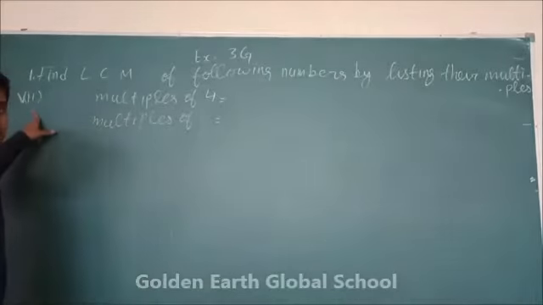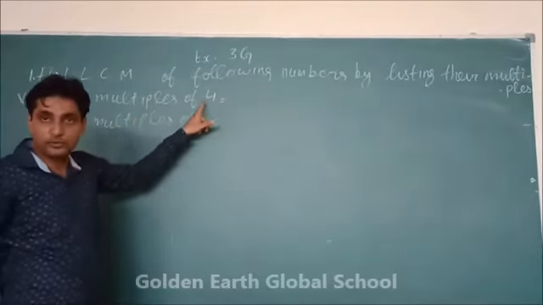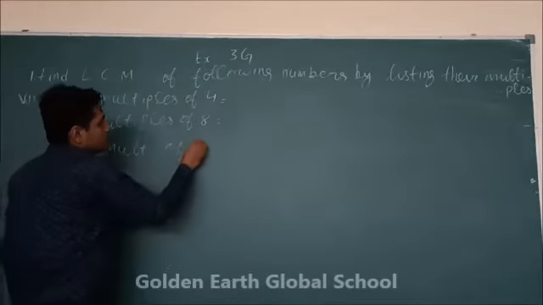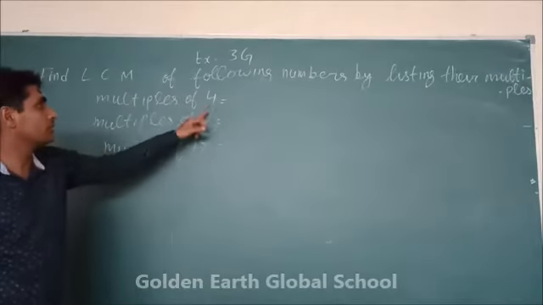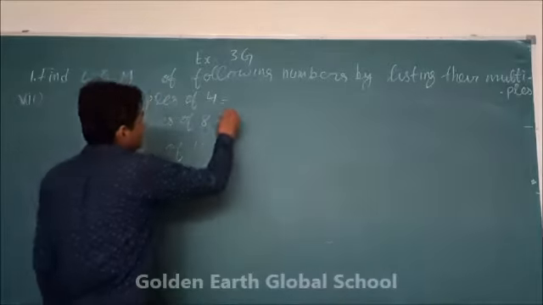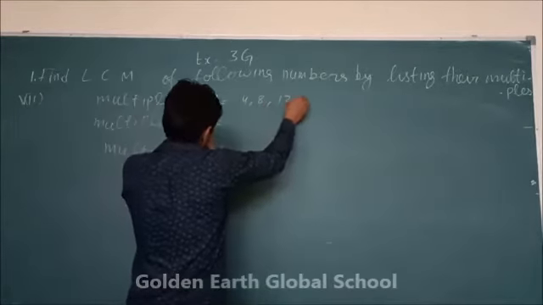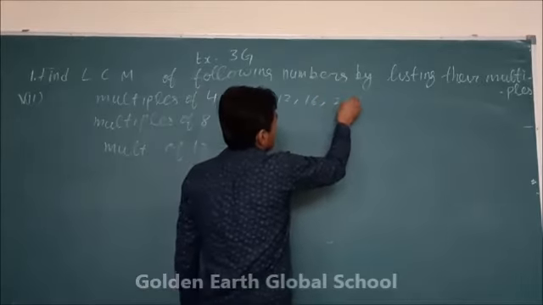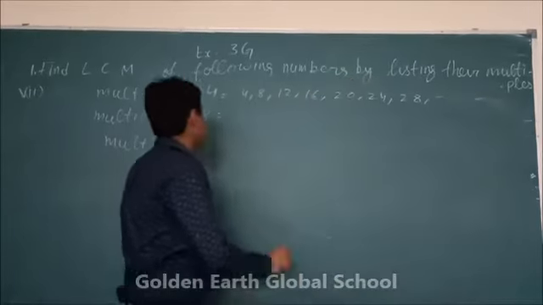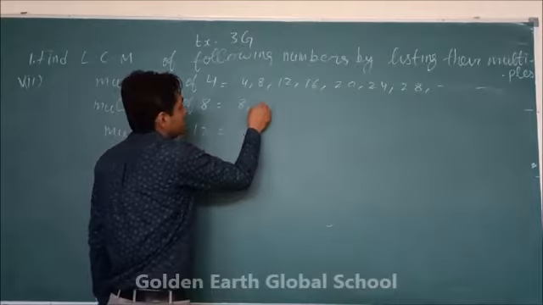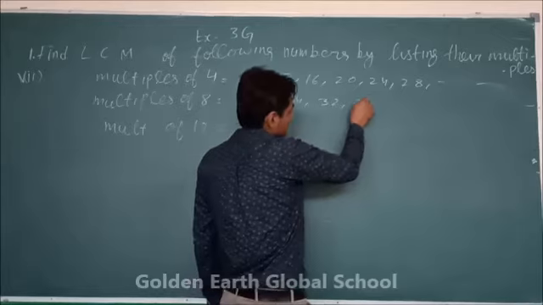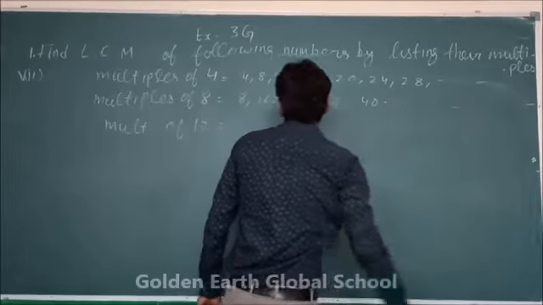Now in the 7th part, find the LCM of 4, 8 and 12. You have to find the multiples of 4, 8 and 12. Same procedure, then find the common multiples. So 4, 8, 12, 16, 20, 24, 28. Like that. 8 table: 8, 16, 24, 32, 40.